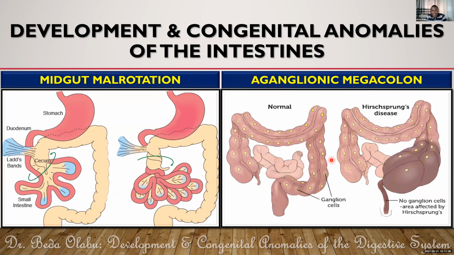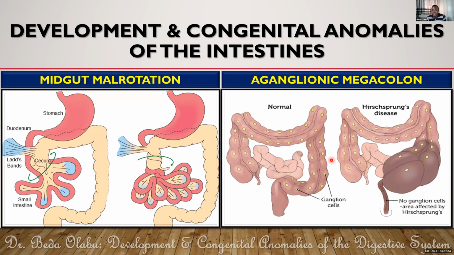As a result, what happens? Because of this inadequate neural crest migration to the intestines, there are some segments of the GIT that lack innervation. The segments of the GIT that lack innervation are the distal segments. In particular, the rectum and part of the sigmoid colon are the ones which are mostly affected.